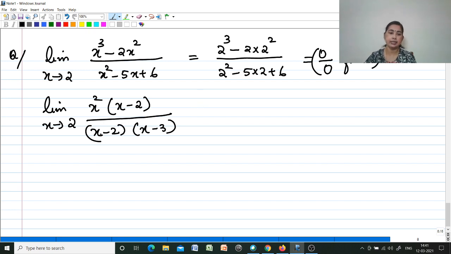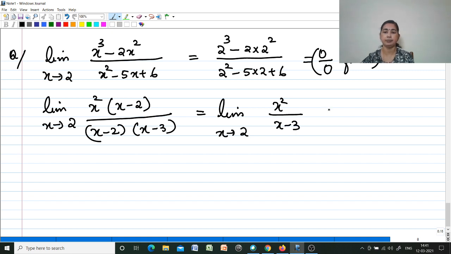Cancelling this x minus 2 from numerator and denominator, we are getting limit x tends to 2, x square by x minus 3. Now giving the value for x as 2, 2 square divided by 2 minus 3, that's equal to 4 by minus 1, which is equal to minus 4.